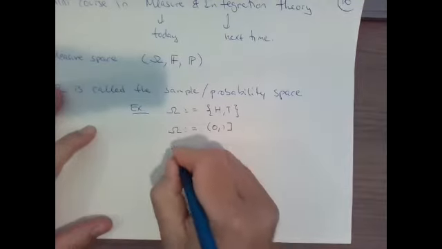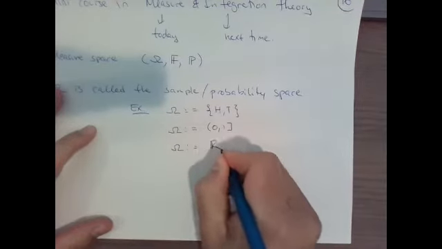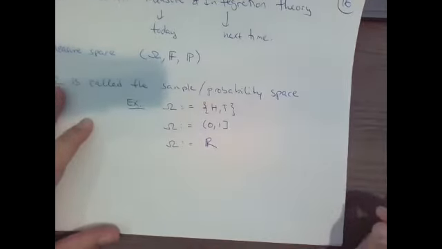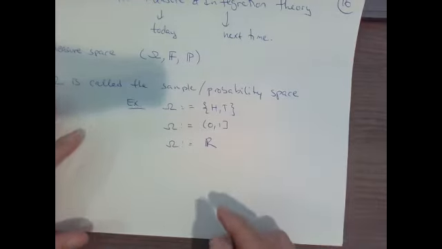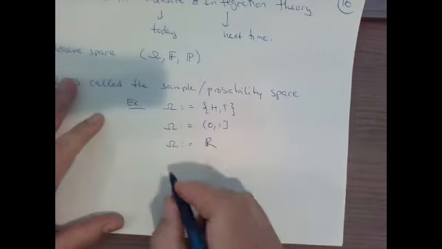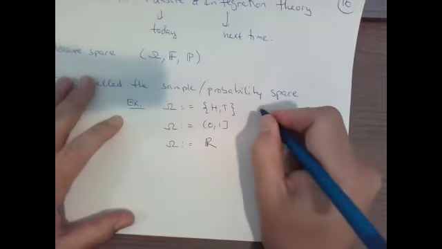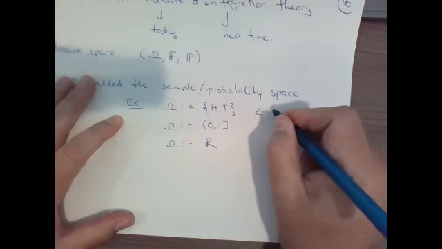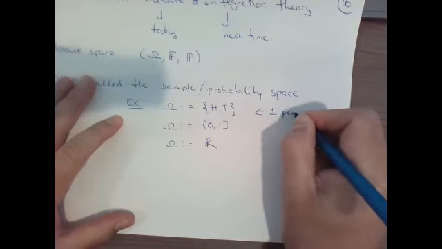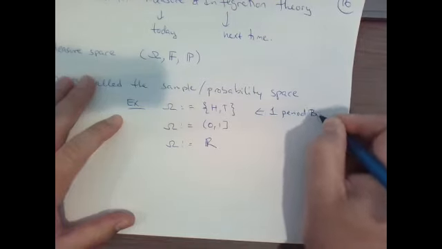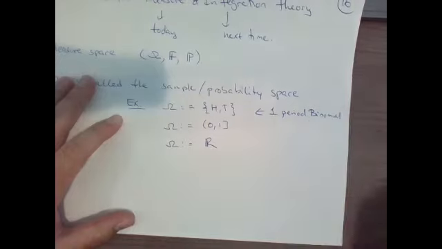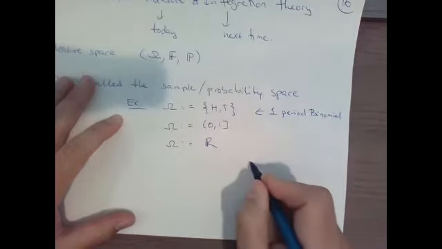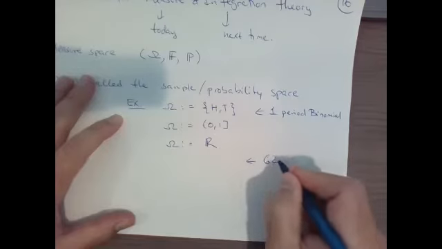It could also be R, and it could be something really, really crazy. This here is the one period binomial. This last one I'm going to write down here is what you need in 622.